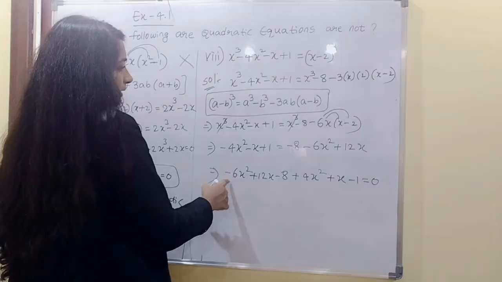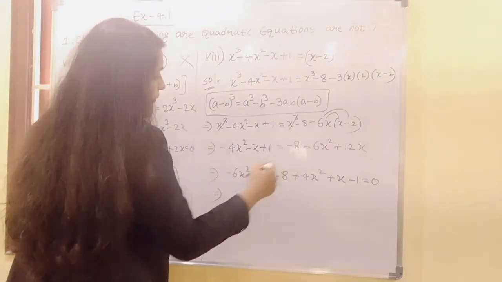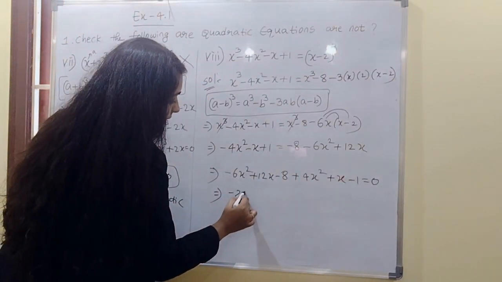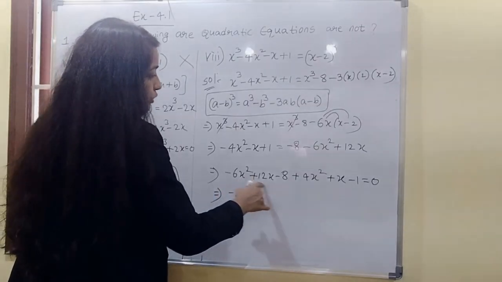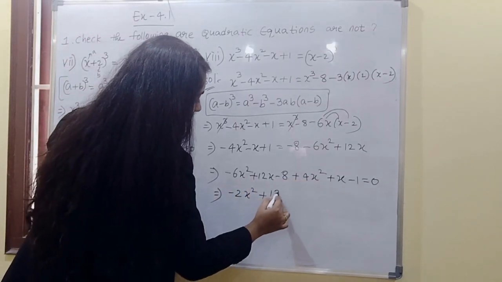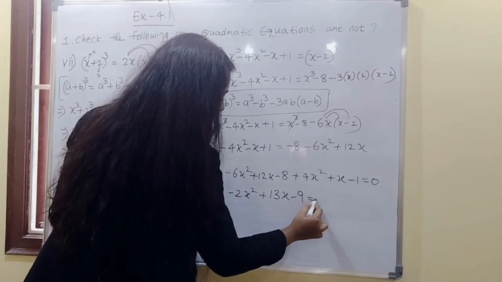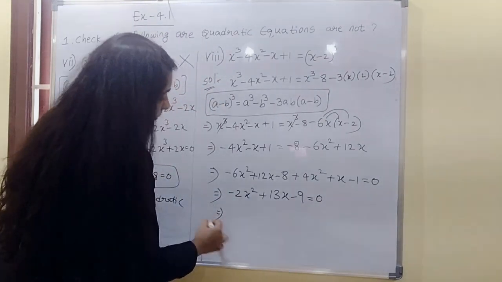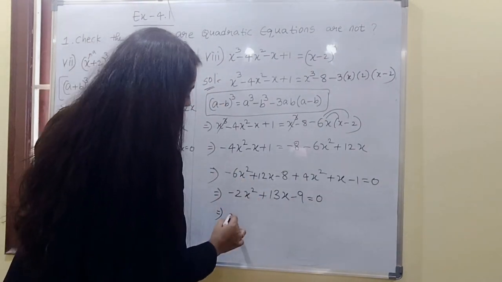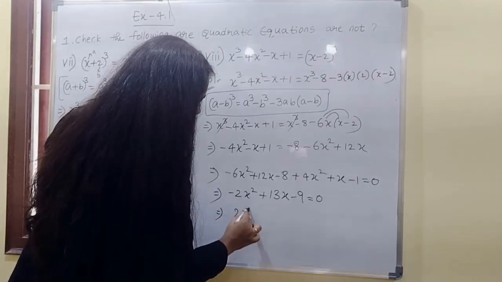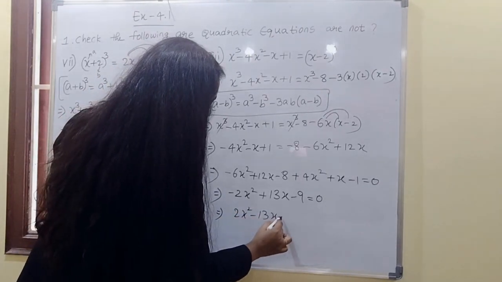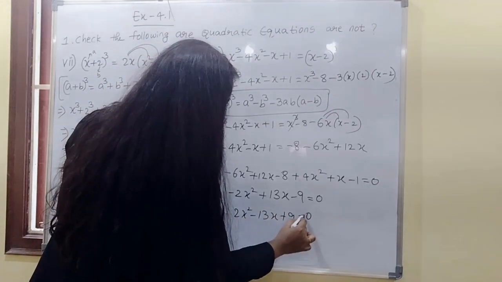So now minus 6x square plus 4x square, that is minus 2x square, plus 12x plus x is 13x, minus 8 minus 1 is minus 9, is equal to 0. So you multiply by minus, then 2x square minus 13x plus 9 is equal to 0.